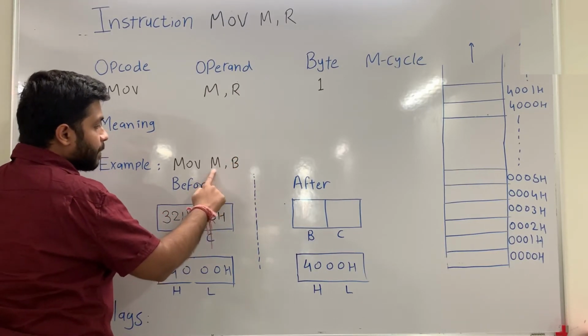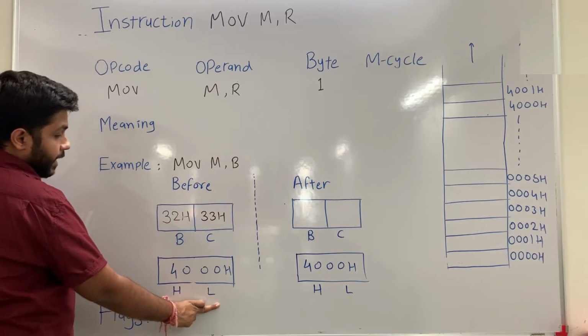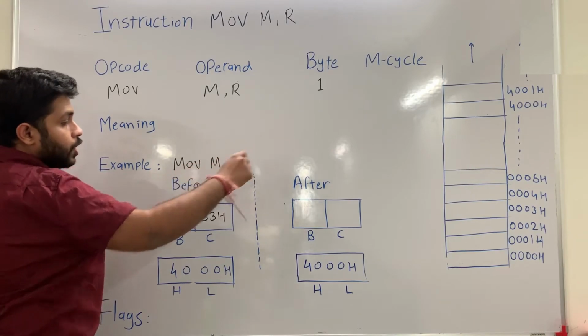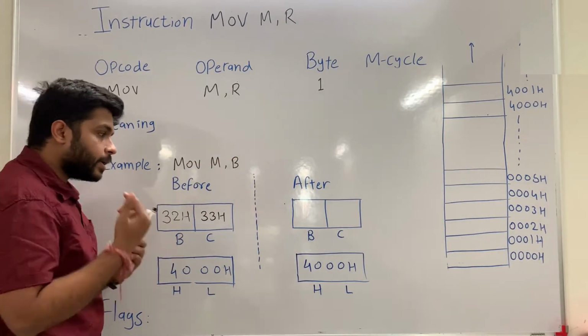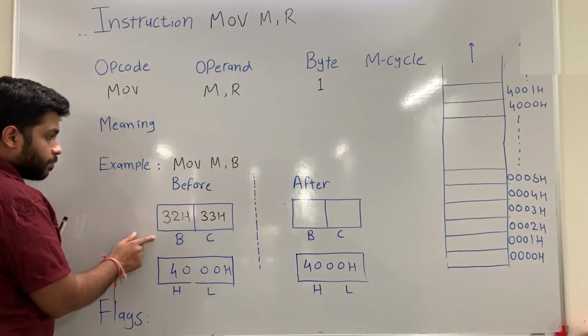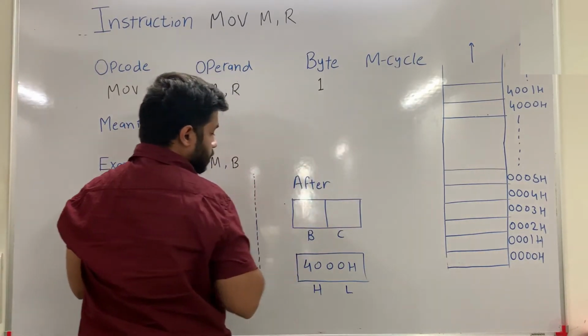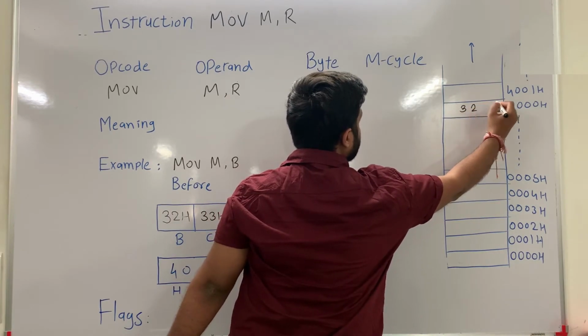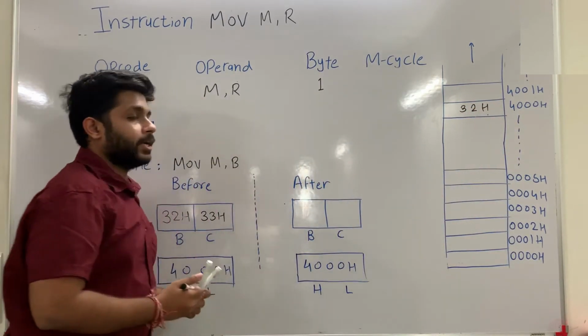But which memory? The memory location specified in the HL pair. So the HL pair is now pointing to 4000 H. When this instruction is executed, data will be moved from register B to 4000 H. So data will be copied to 4000 H and 4000 H will contain 32 H.